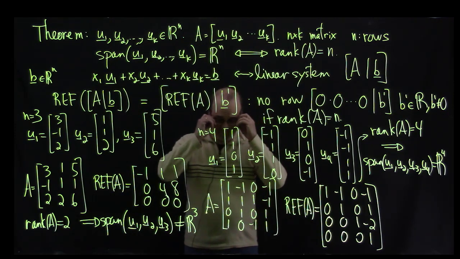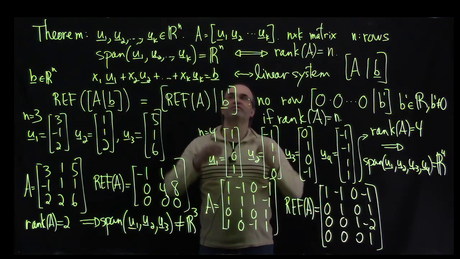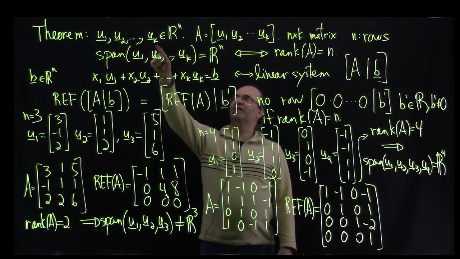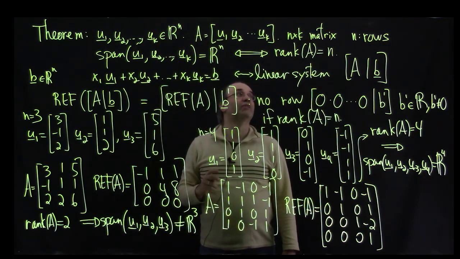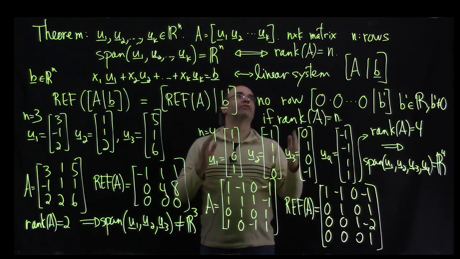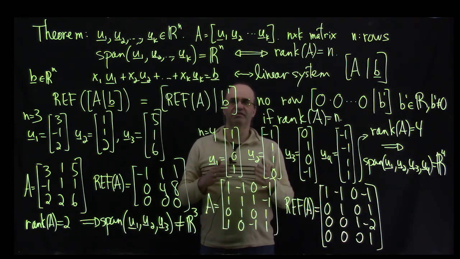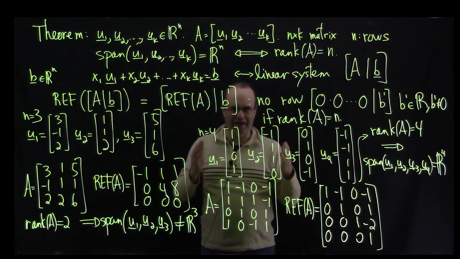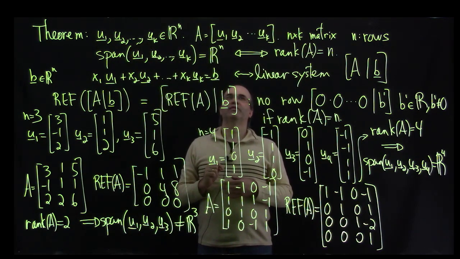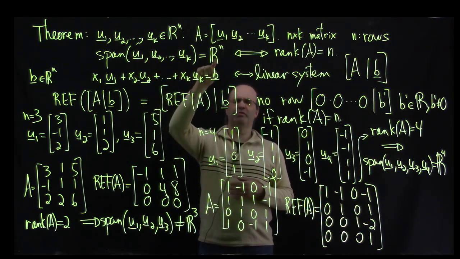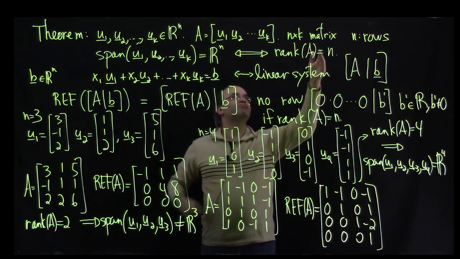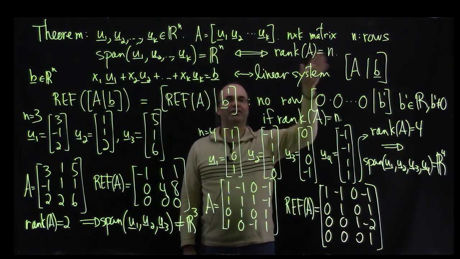So, one can deduce from this theorem that if k is strictly less than n, so it means that in the matrix A there will be fewer columns, if the number of columns, or the number of vectors here, is less than n, then the span must be strictly smaller than Rn, because the rank of A is going to be strictly less than n.